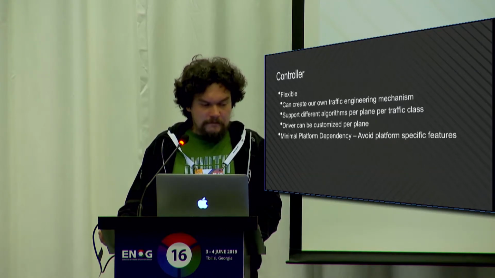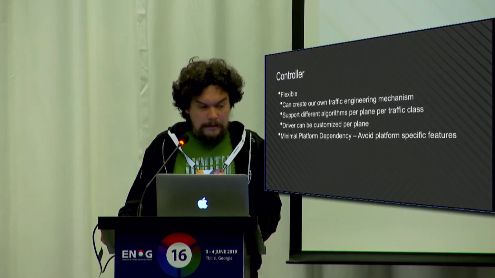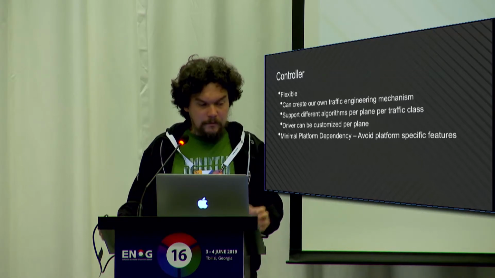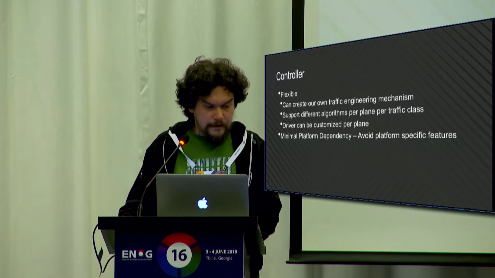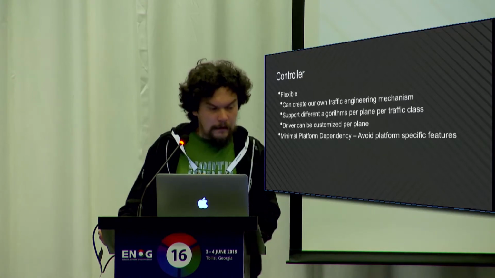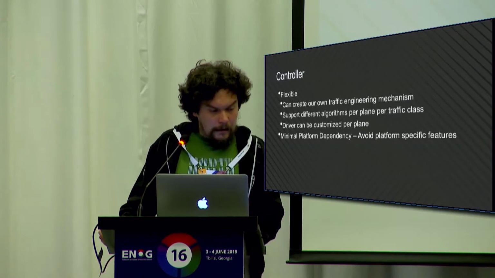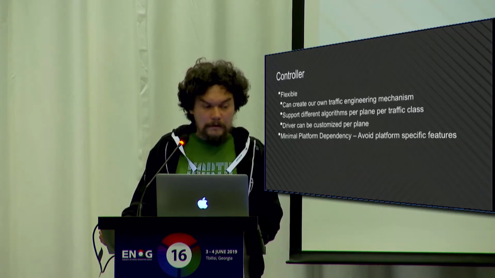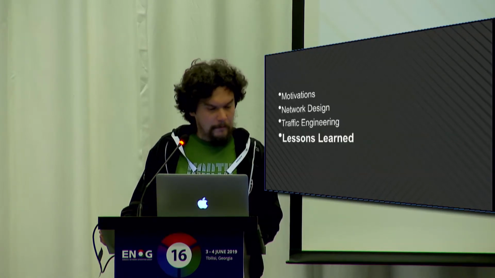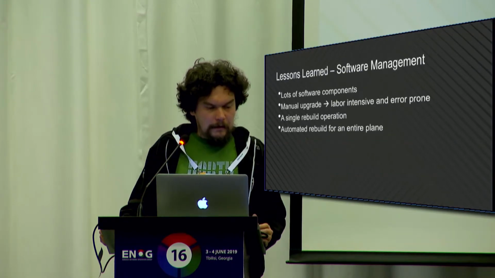Now I would like to speak about the controllers, because when we have our own controller, we can manage the algorithm for the traffic engineering. It is really a very flexible approach, and we try to build up the system in a way to deploy it for the different equipment and devices.